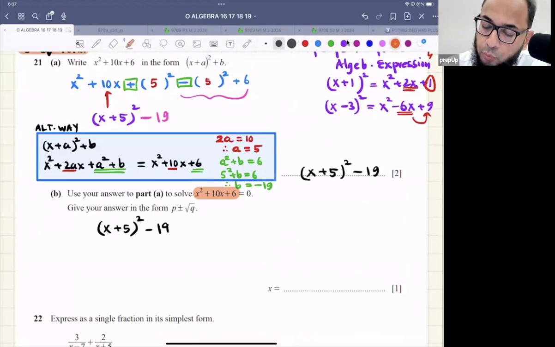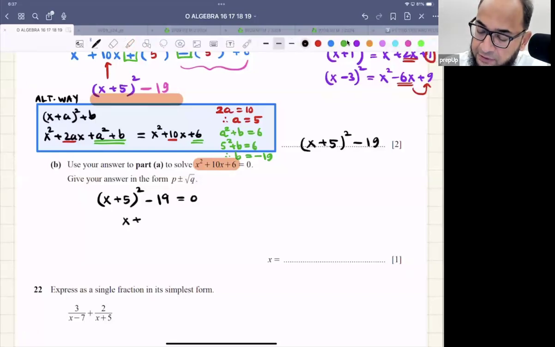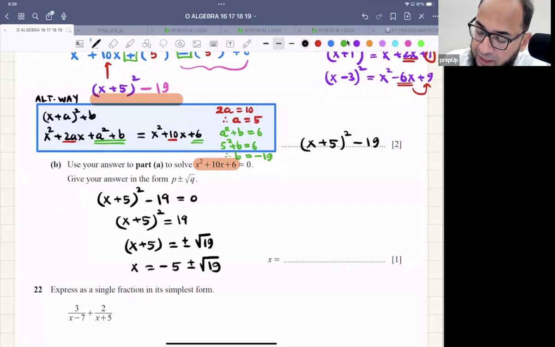That is this thing, and equate it to 0. So when we equate it to 0, we have (x plus 5) whole square is equal to 19. x plus 5 is equal to plus minus square root of 19. And therefore, x is equal to minus 5 plus minus square root of 19.